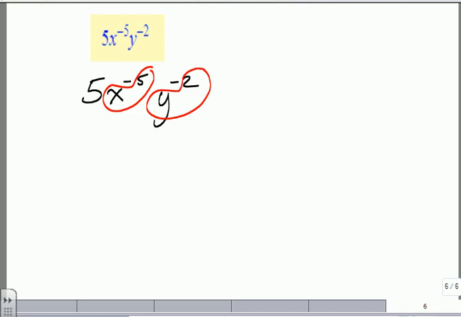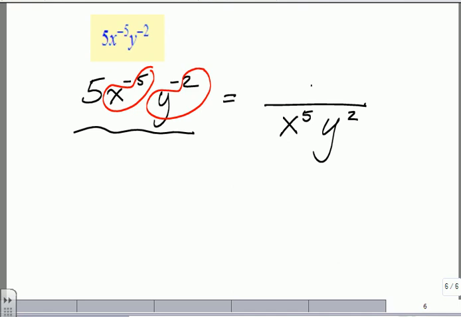Remember, all of these are considered upstairs, but we've got to move them, and that negative exponent's instruction is move it. If you're upstairs, go downstairs. So what goes downstairs? Everything, the base and the exponent, everything but the negative. The y to the negative 2 tells you to move the y squared. What about that 5? That 5 doesn't have any exponent, it doesn't have any negative exponent, so it just stays up there. There's nothing more to do, so that's our final answer. Okay, we'll come back and do still more examples from 6.1.